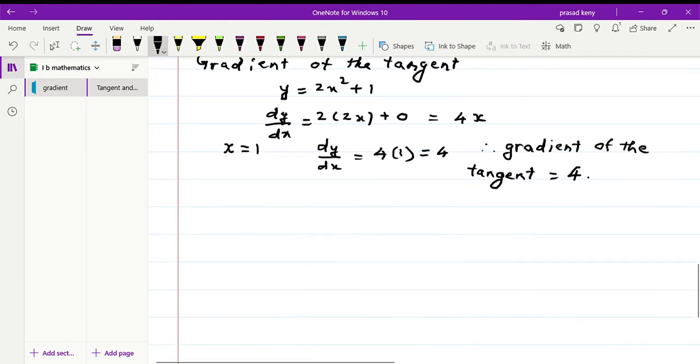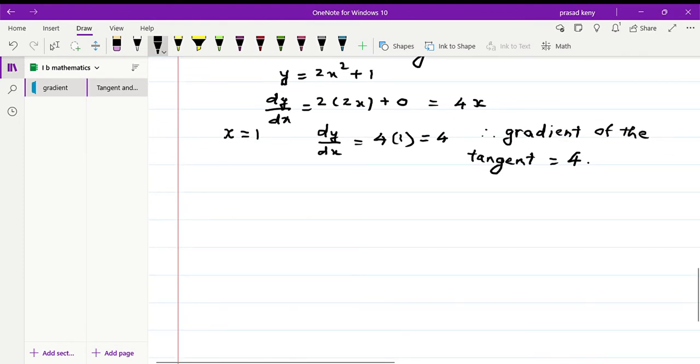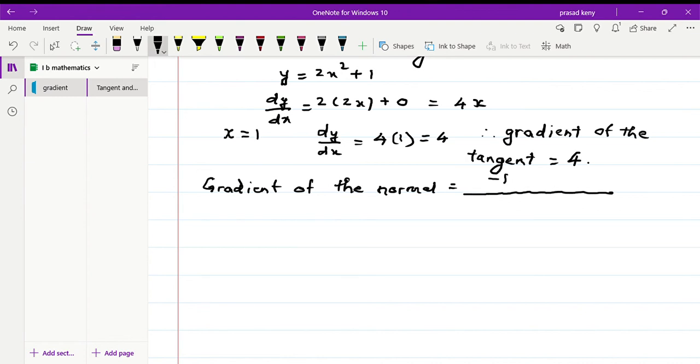And the gradient of the normal, tell me how will you find the gradient of the normal? Since the tangent and normal are perpendicular to each other, the gradient of the normal is the negative reciprocal of the gradient of the tangent.